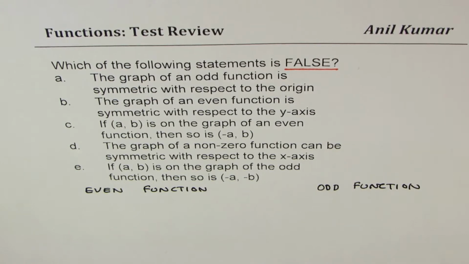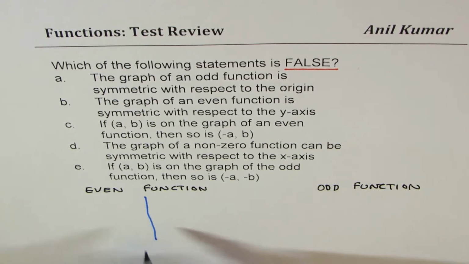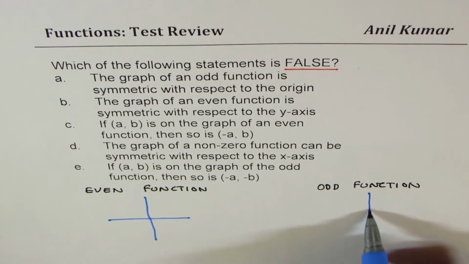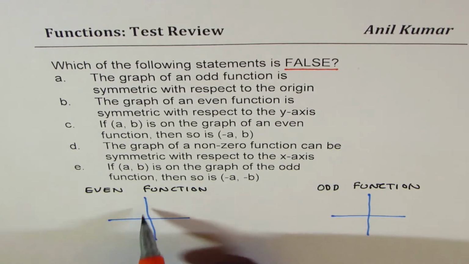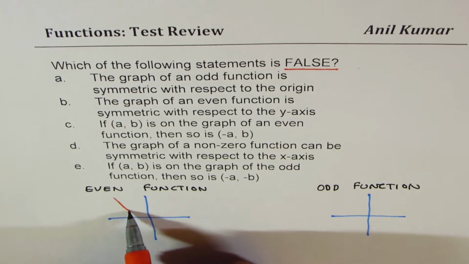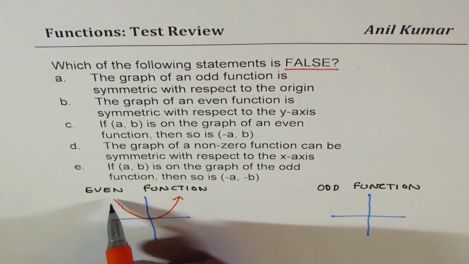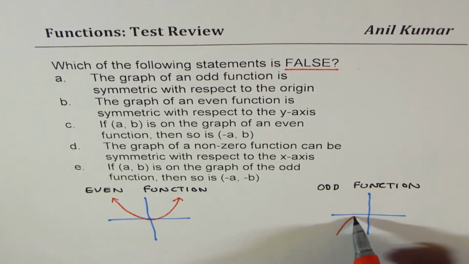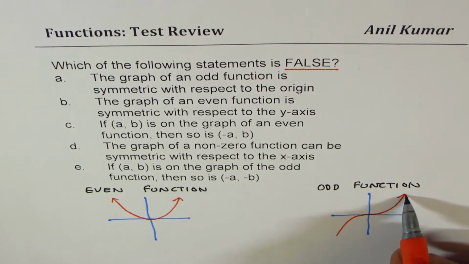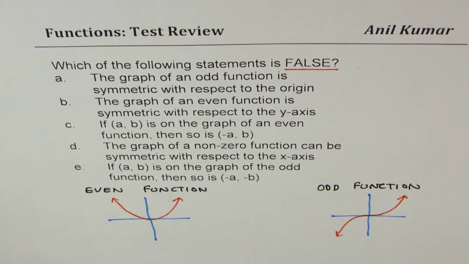With the help of a graph, it is simpler to visualize. Even really means that it is symmetric about the y-axis. So something like a parabola, y equals x squared, is a good example. And for an odd function, it is symmetric about the origin. So that is how these functions may look.